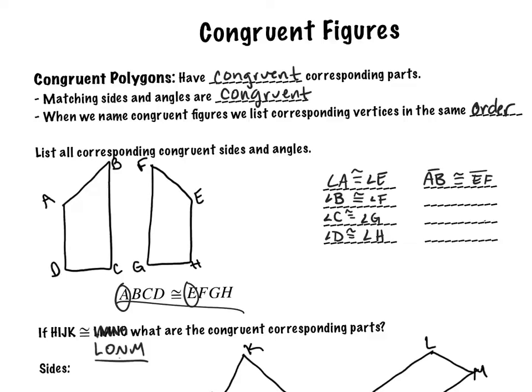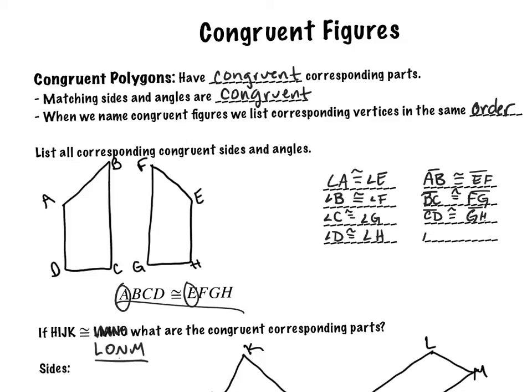And so I keep working around. BC is going to be congruent to FG. CD is congruent to what? GH.